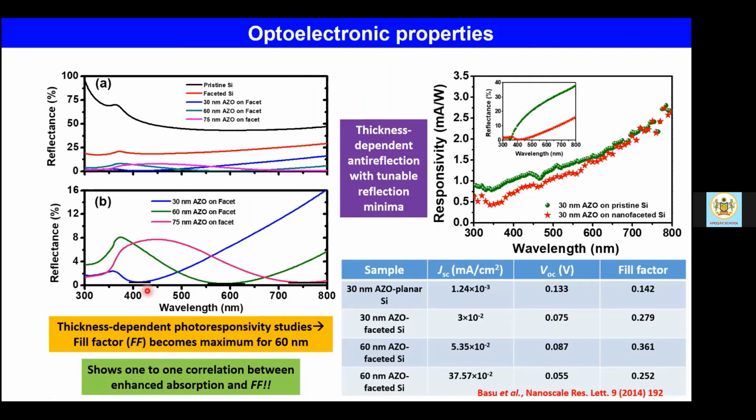You can see the thickness dependent shift in the absorption reflectance minimum is very clear, and the optimal thickness was 60 nanometer. That gave a pretty good and optimized fill factor. So fill factor was highest for this.